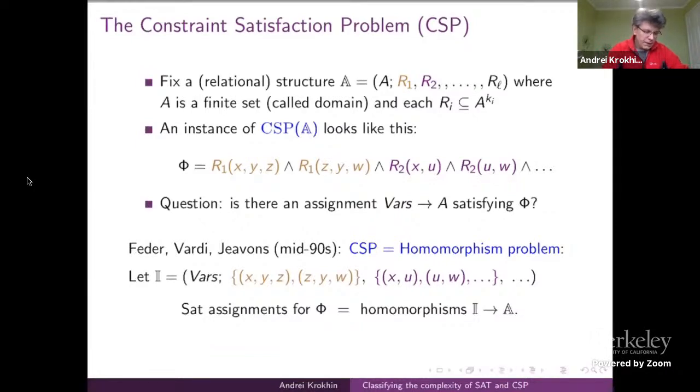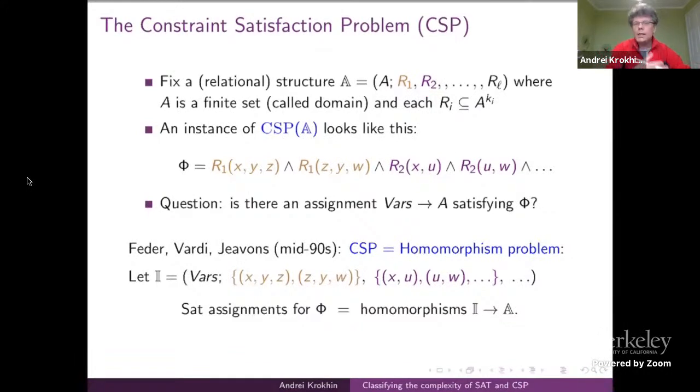And then satisfying assignments for the formula phi are precisely the homomorphisms from I to A. What's a homomorphism from I to A? Well, it's a mapping from the domain of I, the variables, to the domain of A, which is this set A, which preserves all the relations, meaning that every tuple here is mapped into R1, every tuple here is mapped into R2, and so on.